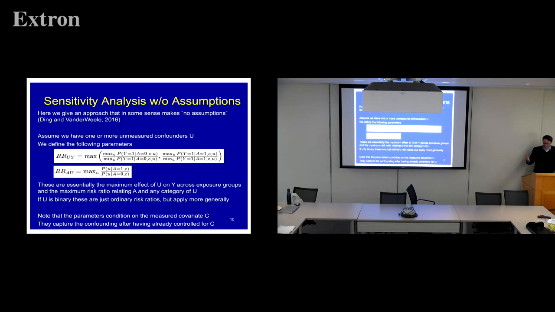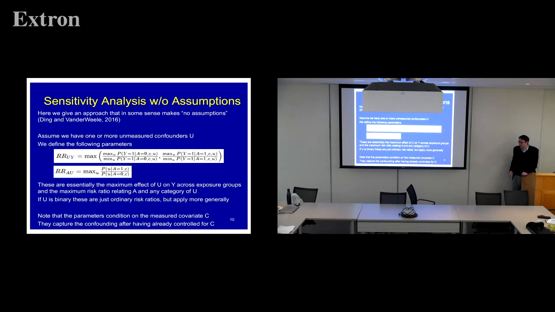Sort of relatedly, and I've got some slides in the appendix of this presentation, if you're willing to tolerate, let's say, up to 3% bias, and in practice we'd be pretty happy if we were within 3% of the truth, then you could also define these parameters over any U that suffices to adjust the estimate to within 3% of the truth.